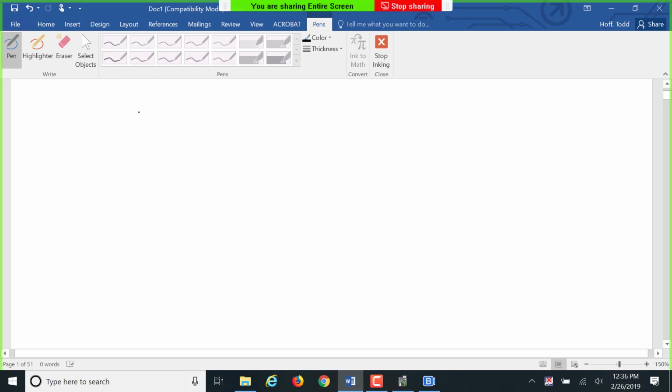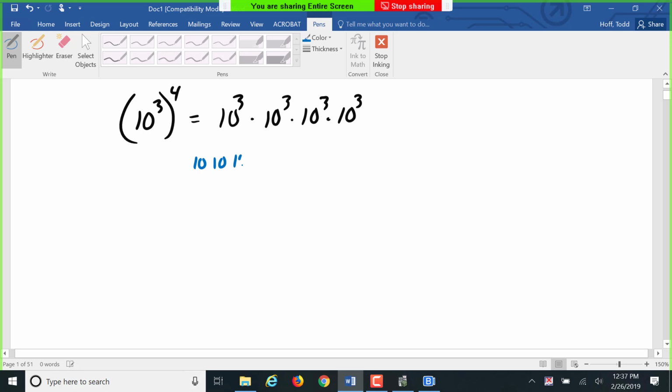A rule similar to that, a power of a power in our exponent. So 10 to the 3rd to the 4th power, that means there's 4 of those 10 to the 3rds multiplied together. Now I could write this out. There's 3 tens. There's another 3 tens.